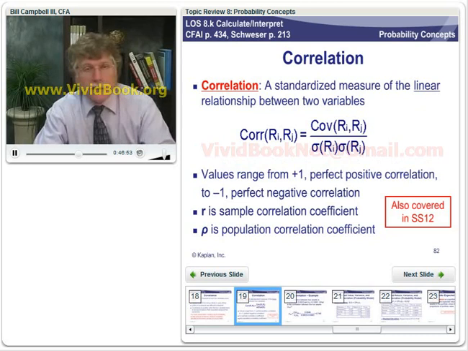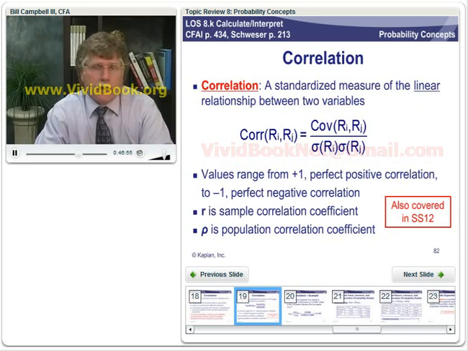We can't standardize covariance by taking the square root, as I said, to get down to something with the same units. So we have to figure out some other way to standardize it. And the way to do it is to try to just get rid of the units altogether. Remember that standard deviation of x is in the same units as the x's.